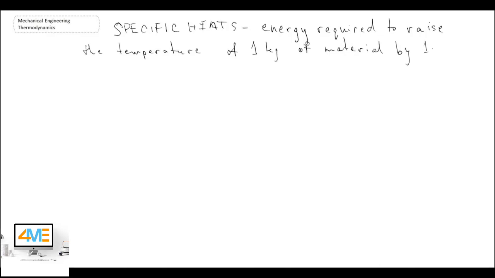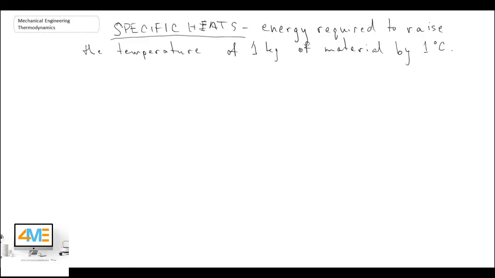And we're increasing it by a unit of temperature rise, in this case 1 degree Celsius. Now, there are two different types of specific heats that you will encounter. You'll encounter specific heat at constant pressure and specific heat at constant volume.